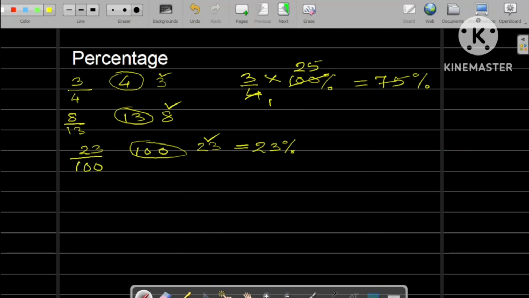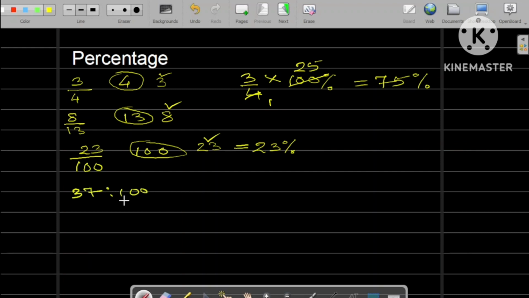If we are given a ratio whose second term is 100, we will call it a percent. For example, 37 is to 100.